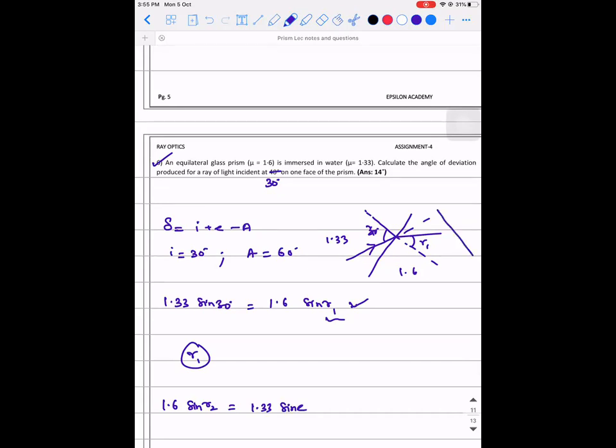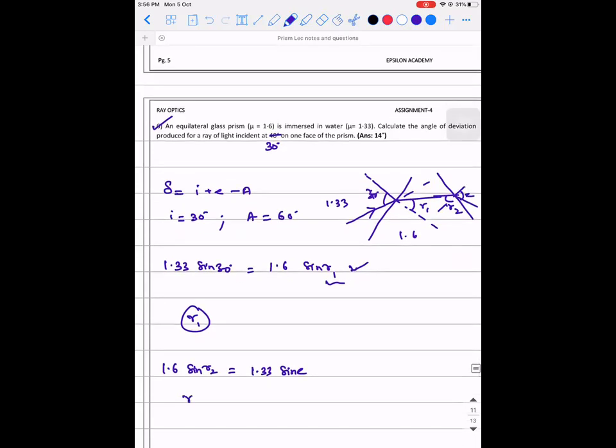On the other side, this ray will hit here, the angle will be R2, and here the angle of emergence is E. Once you get R1, use R1 plus R2 equal to A and find R2. Substitute it here to get the value of E.